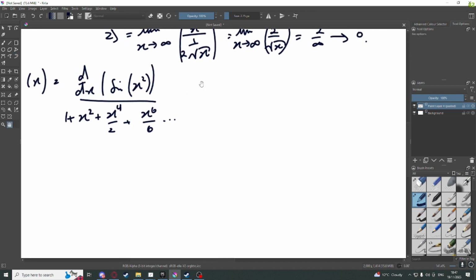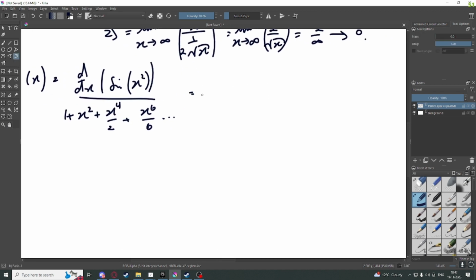And let's just clear this up. So the derivative of sine x squared is cos of x squared times 2x, because I differentiate my outer function with respect to my inner function, that's cos x squared, and then I multiply by the derivative of my inner function, which is 2x, and then that's over.